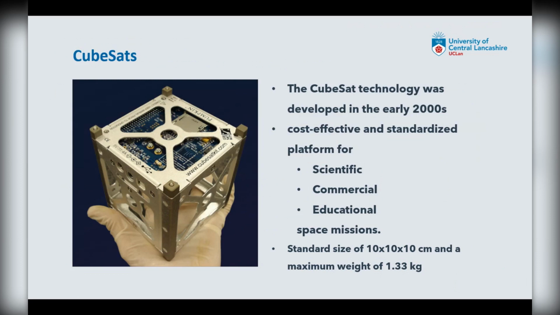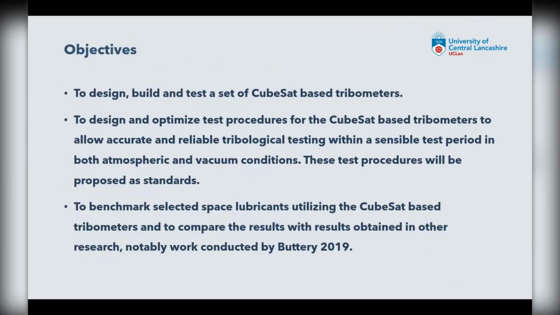It's just a 10 by 10 cube, and it has a maximum weight of 1.3 kilograms. Our objective is to design, build, and test a set of CubeSat-based tribometers, and optimize the procedures so we can compare currently existing lubricants and space mechanisms.